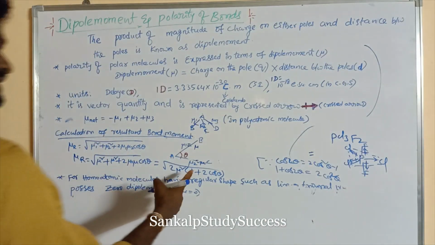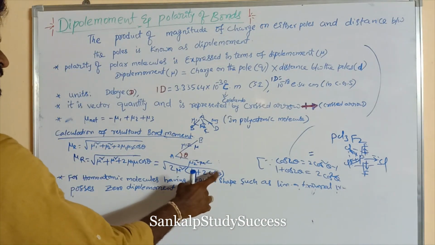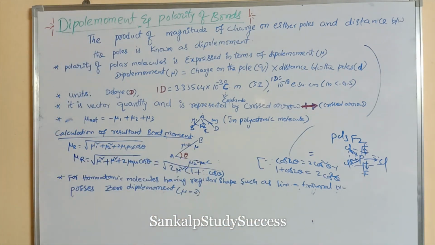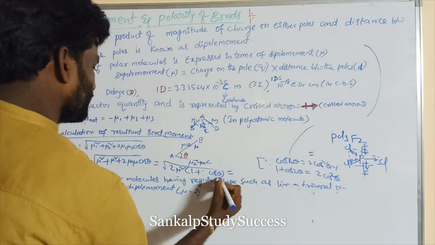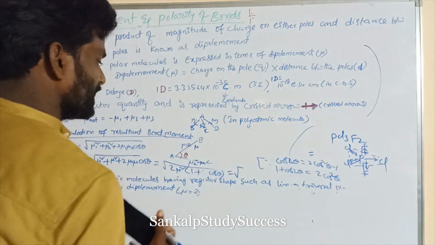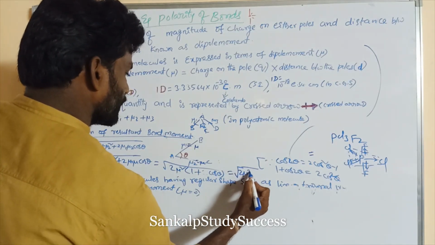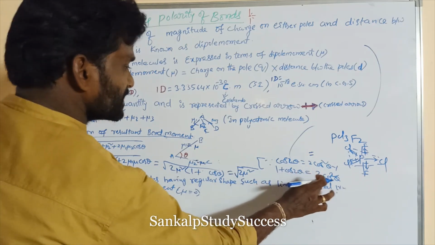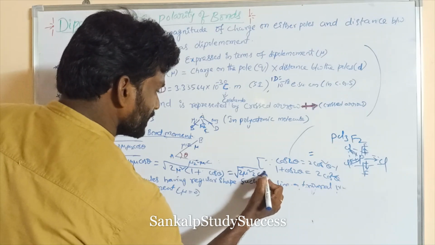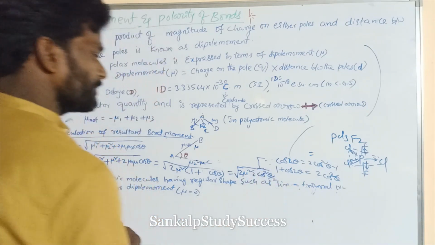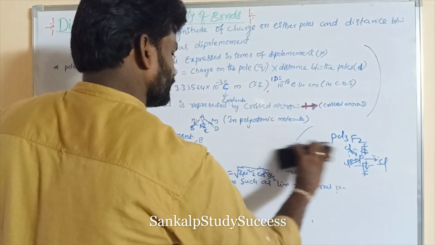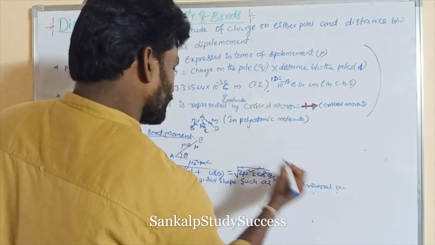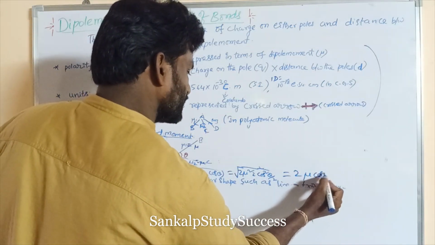Now 1 plus cos theta can be written as 2 cos square theta by 2. So 2 mu square into 2 cos square theta by 2 under the square root is equal to 2 mu cos theta by 2.